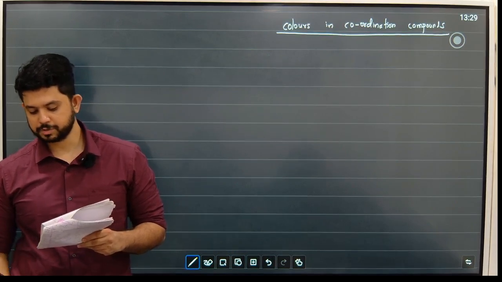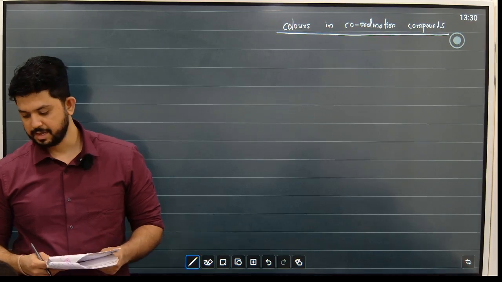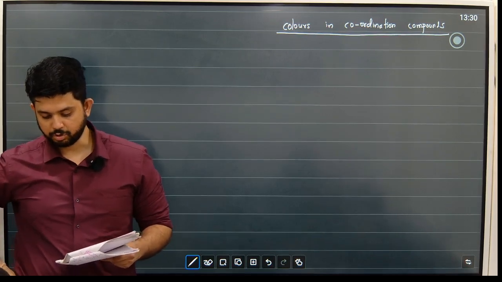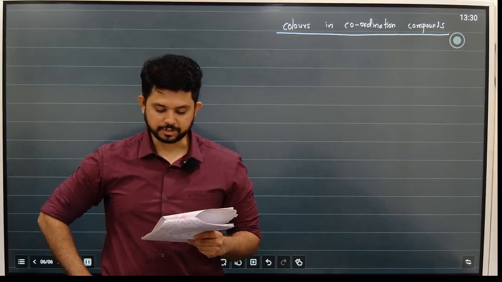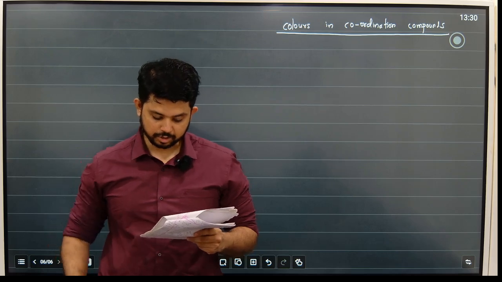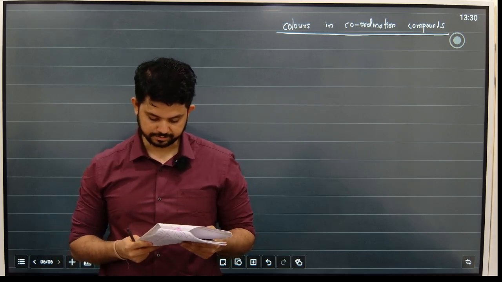The colors of transmitted and reflected light are complementary of each other.